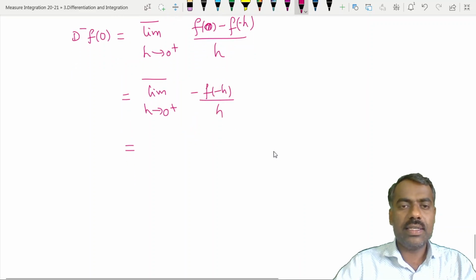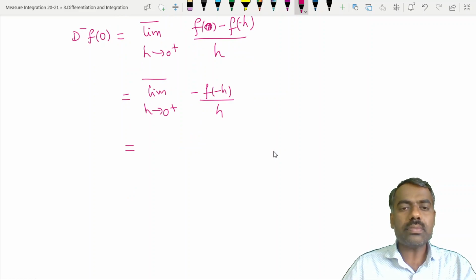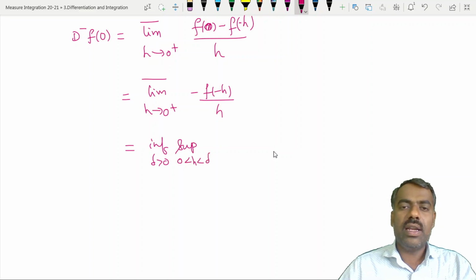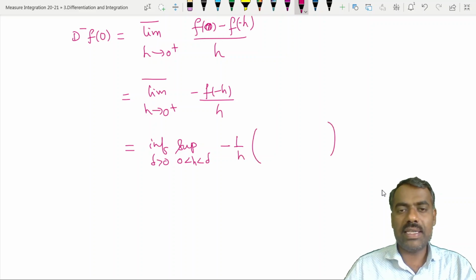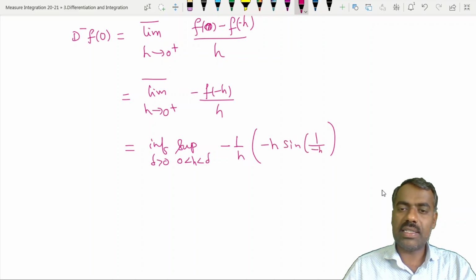Because it is an upper limit, this is the same as the infimum over delta greater than 0 of the supremum over h between 0 and delta. Now we will find what is minus f of minus h over h. The value of f of minus h is minus h into sine 1 by minus h, right?